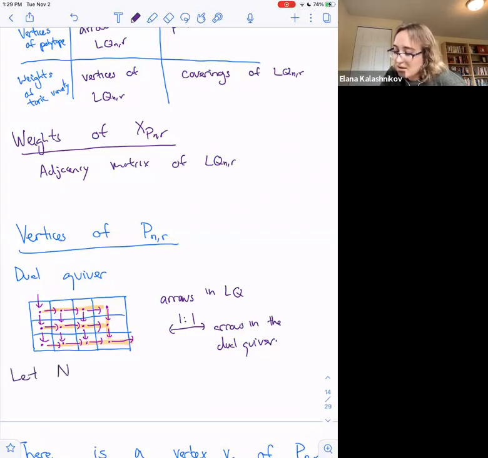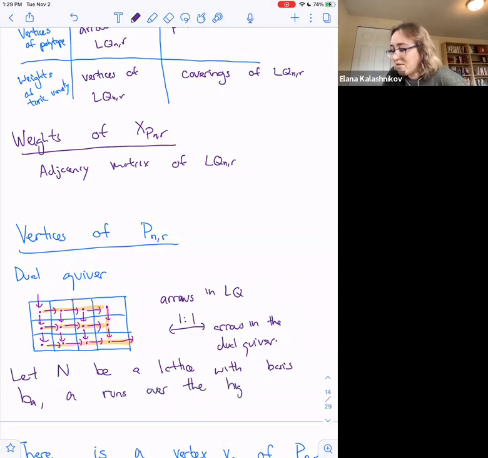Let N be a lattice with a basis b_A, where A runs over the highlighted arrows, which I'll call the basis arrows.